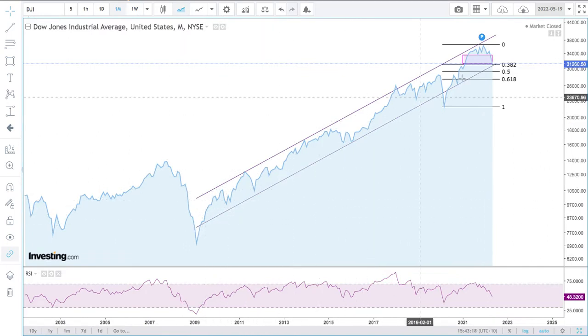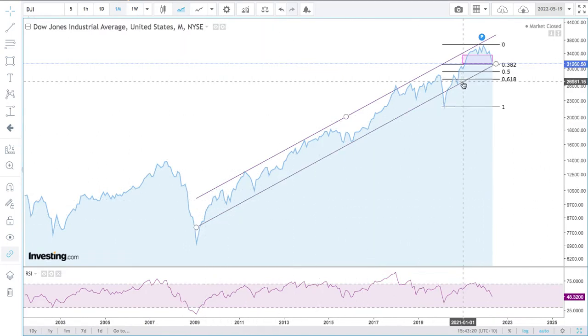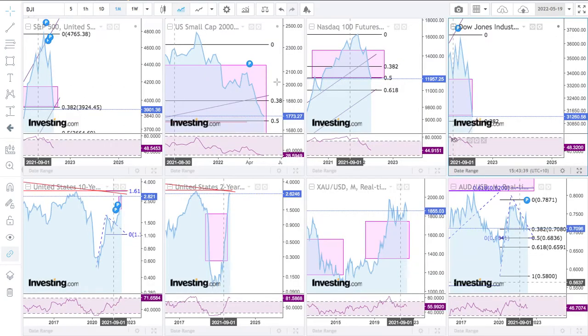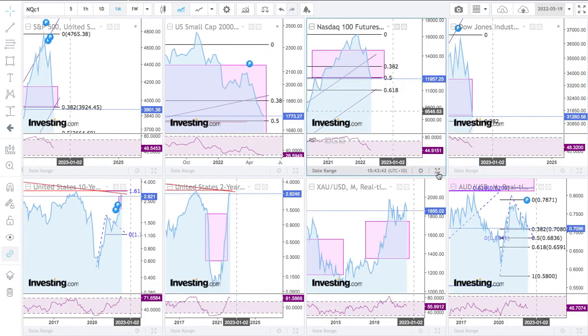Big long-term trend since the GFC. Here, this has had a more shallow retracement, like 38.2. It's come back to that trend line, and it's filled in that gap. See that last high, low, shot through, and it's just come down and it's testing that there, coming off the oversolds. That's the Dow.